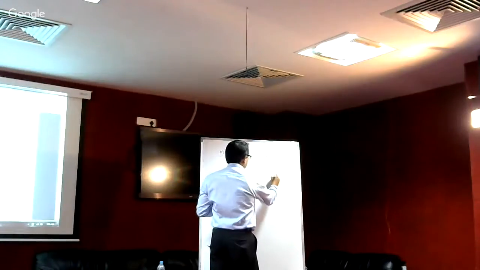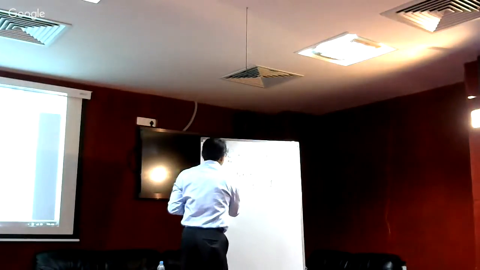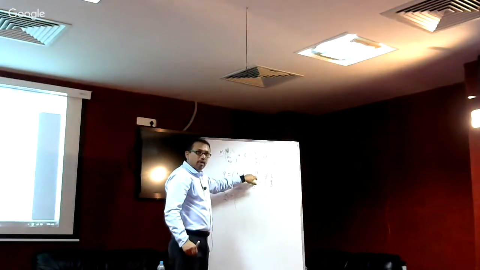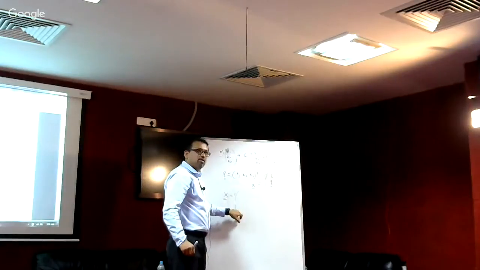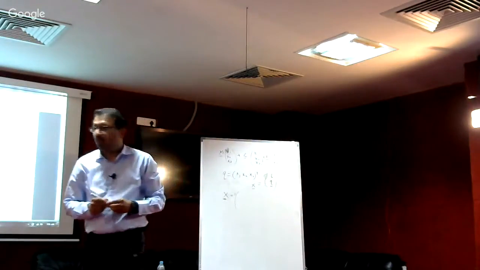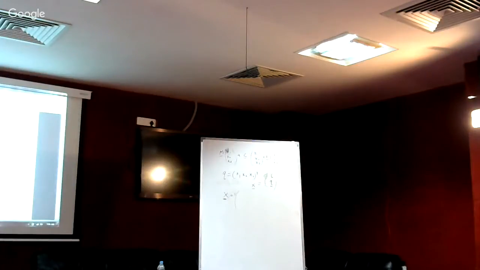This is your state variable. Six state variables x1, x2, x3, x1 dot, x2 dot, x3 dot. Basically augmentation.